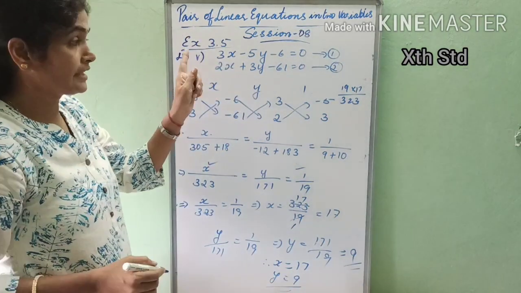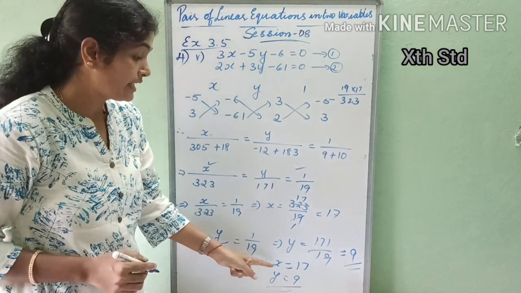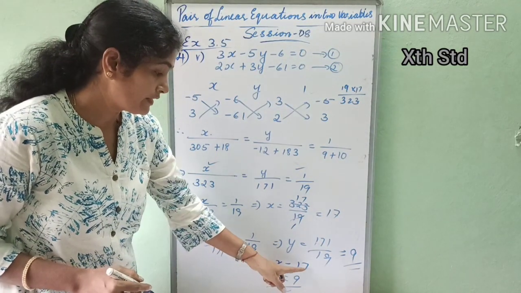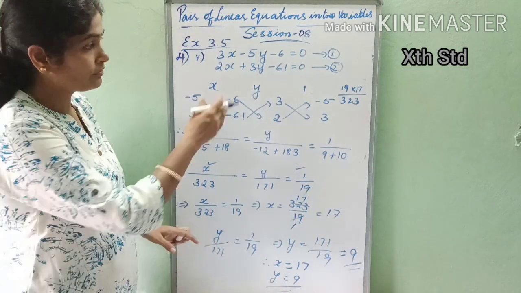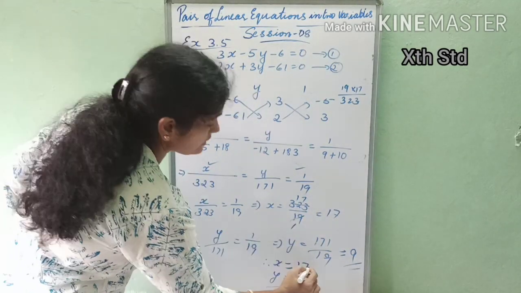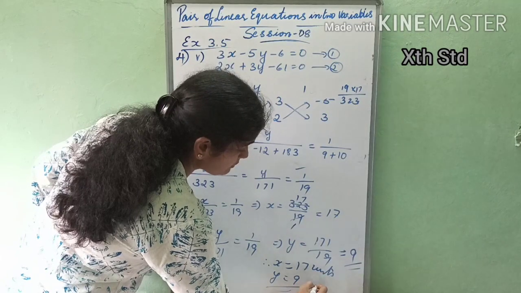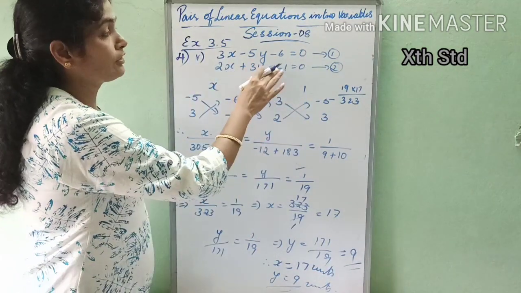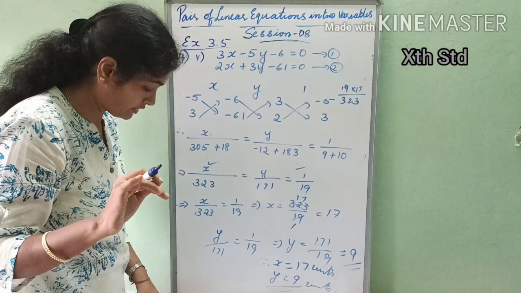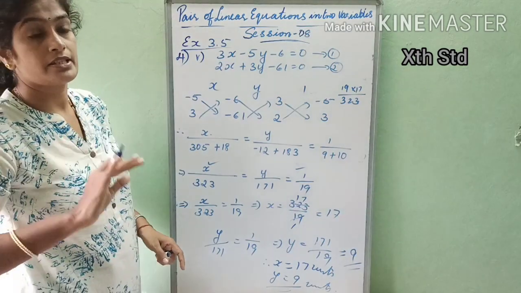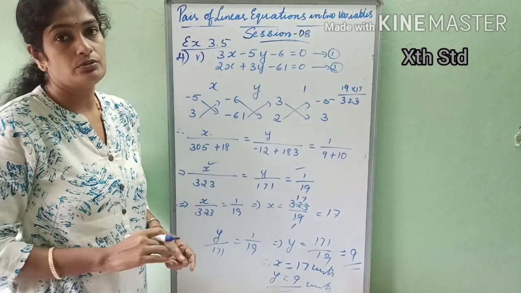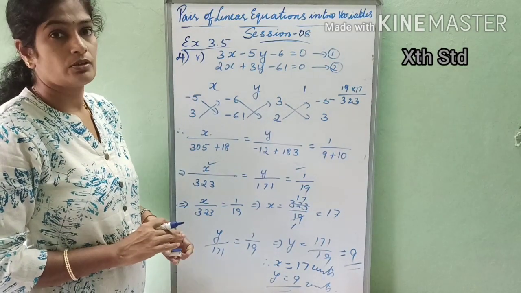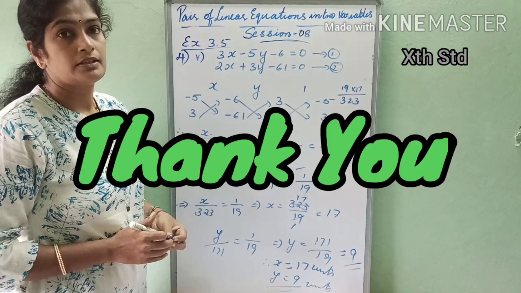If you see the starting of the problem, we had taken x as length. So length is 17 units and breadth is 9 units. Now you can conclude the problem by saying length of the rectangle is equal to 17 units and breadth is equal to 9 units. Okay, that's all for today. Thank you.